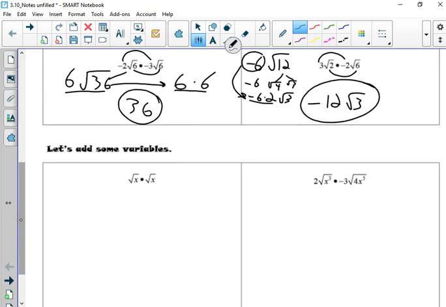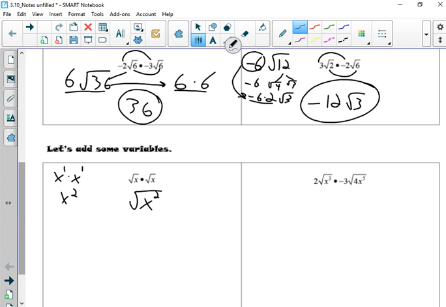Now we're going to do it with variables. Here's what I was talking about before. The rules don't change. Forget the radicals. What's x times x? X to the 1, x to the 1 is x squared. And guess what? Radical x times radical x is just simply radical x squared. The same multiplication rules apply. Nothing new, except now we have to go one extra step and simplify. And we talked previously about pairs, remember?